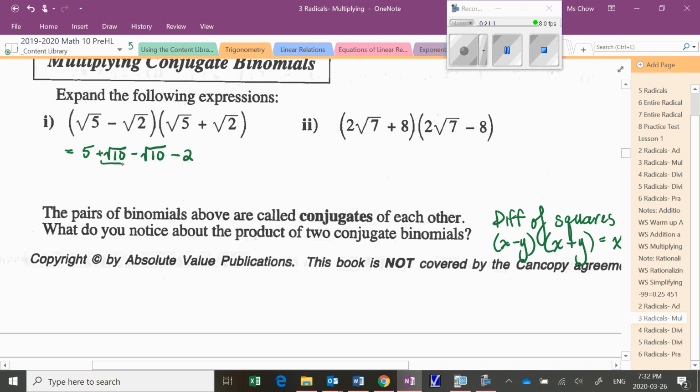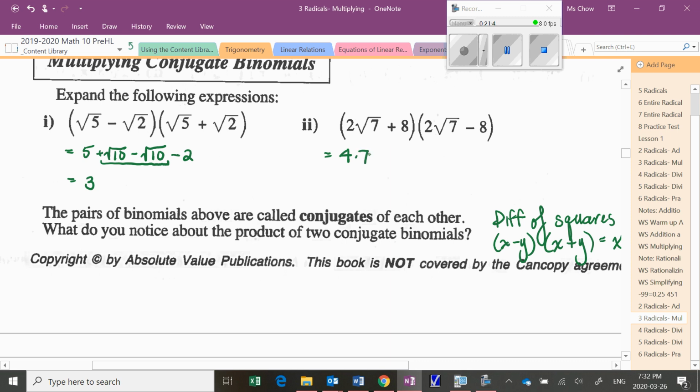And so notice how, just as with x minus y times x plus y, those outside and inside ones cancel each other out because they are opposites. So we've simply got 5 minus 2, which is 3. So let's take a look at the second example, 2 root 7 times 2 root 7. So 2 times 2 is 4. Root 7 times root 7 is going to be just 7.